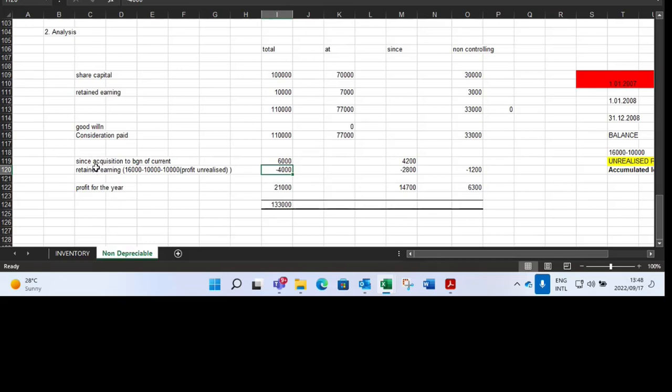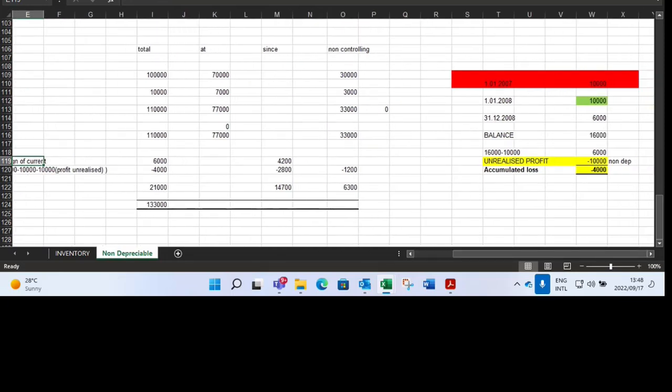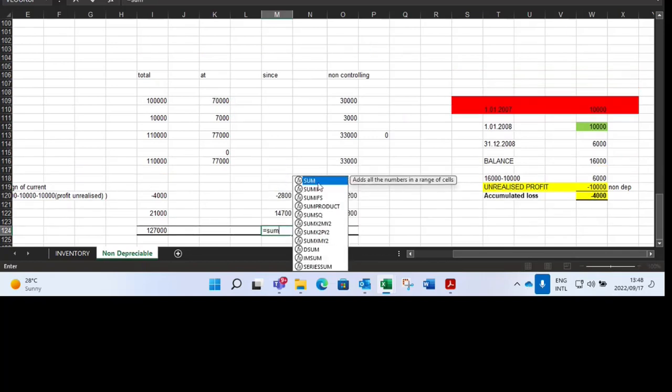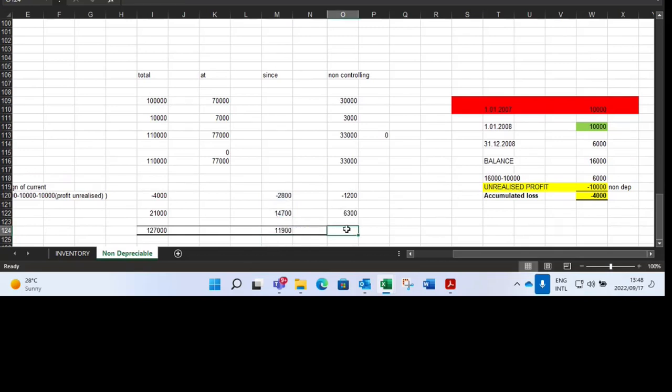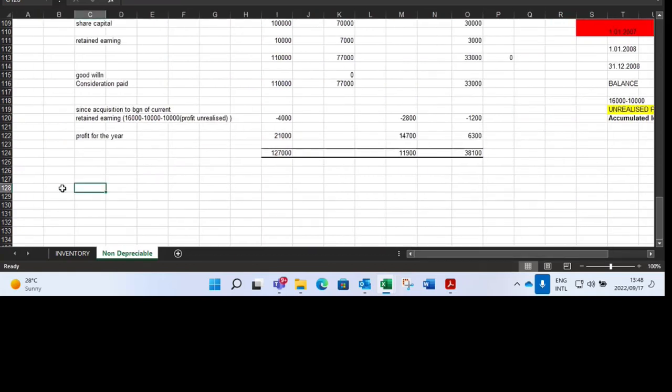Okay, since acquisition to the beginning of the current year. Okay, this part is not there. Then we can do the journals, the elimination journals.